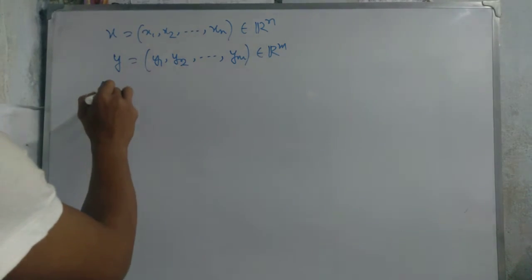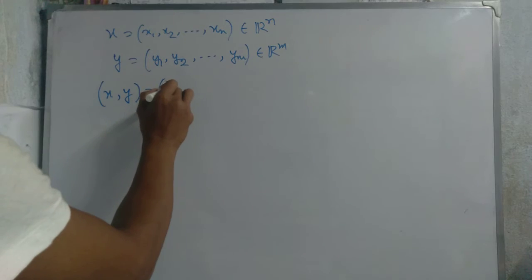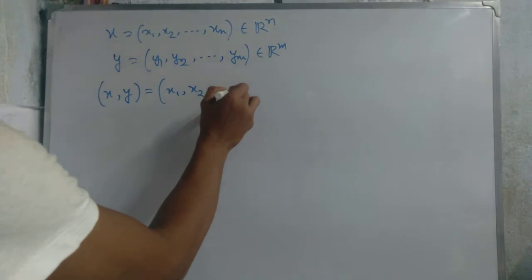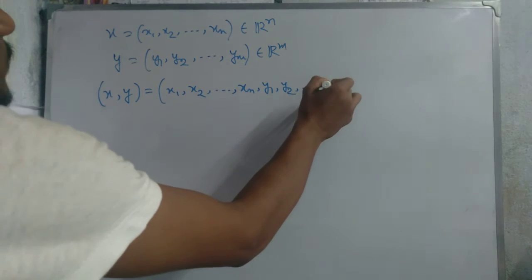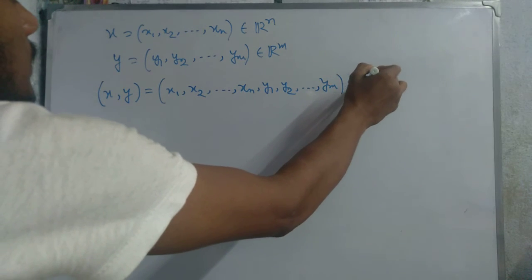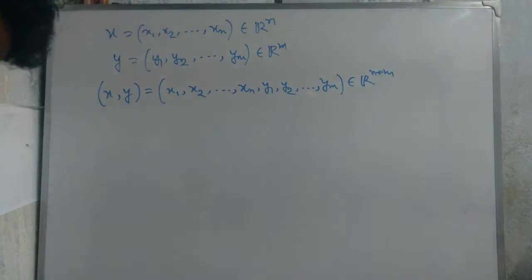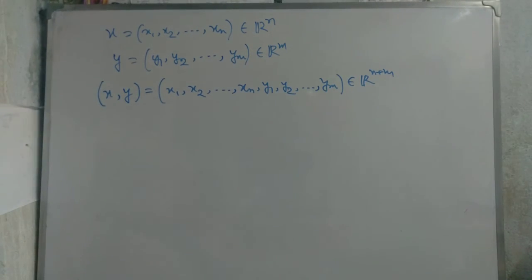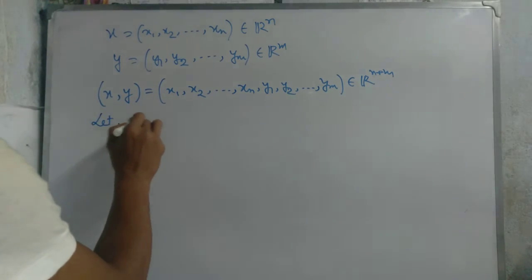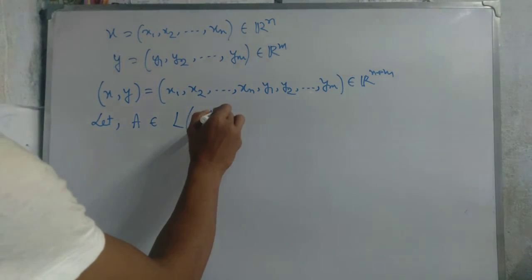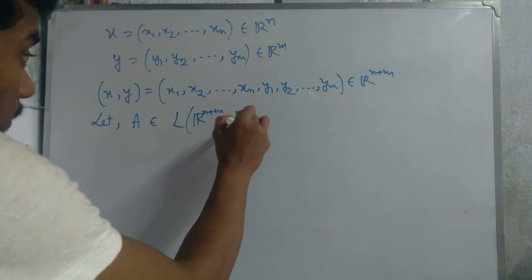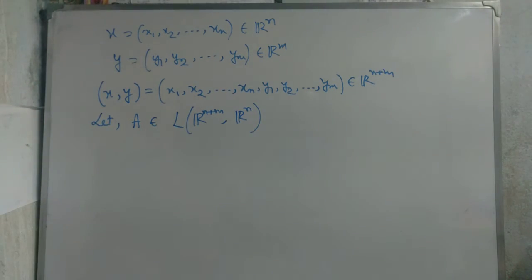Then (x, y) equals (x1, x2, ..., xn, y1, y2, ..., ym), which belongs to R^(n+m). Now let A belong to L(R^(n+m), Rn). That means this is an operator from R^(n+m) to Rn.